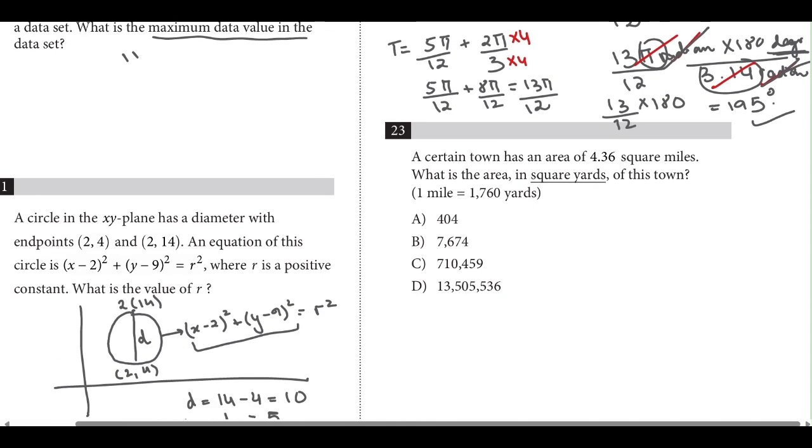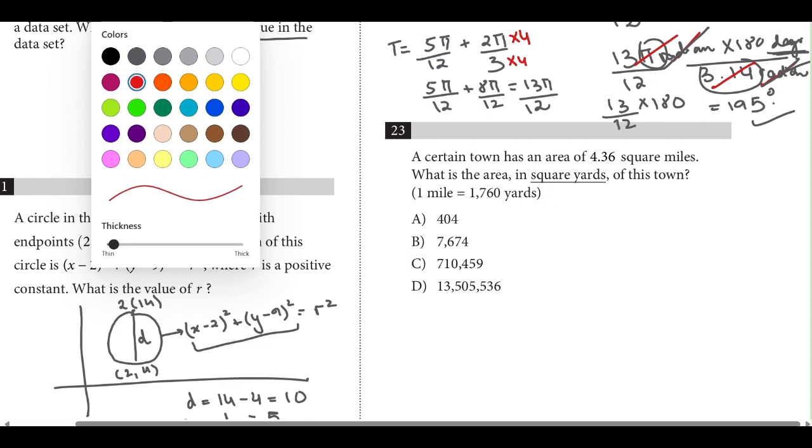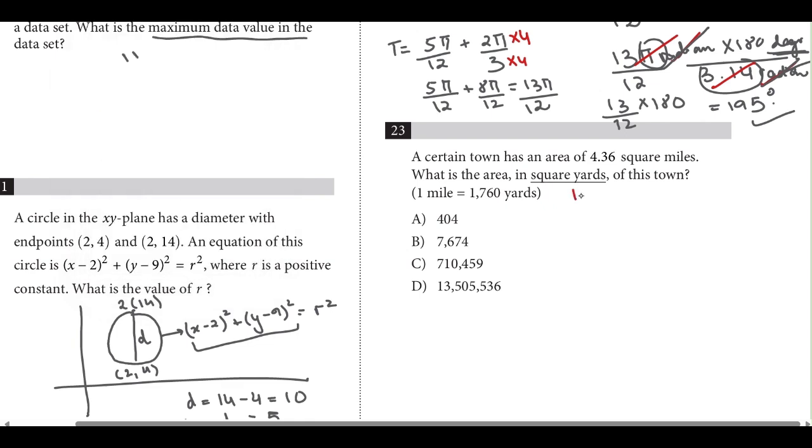A certain town has an area of this much. What is the area in square yards of this town if 1 mile is equal to 1760? So similarly, I'm going to solve it in the similar way I did the last one, so it would be easier to understand.